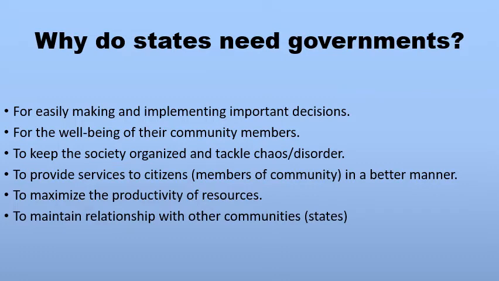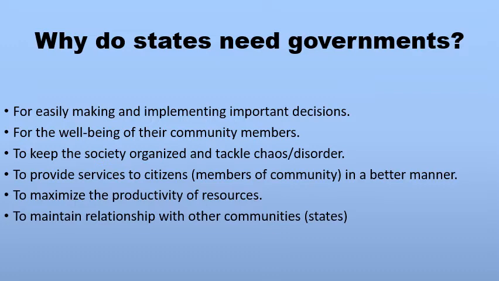Basically, the state has the responsibility to maintain law and order, and if everybody is given the freedom to do whatever he wants, there will be disorder and chaos. So the state has the responsibility to implement peace and order, and for this reason the government is given the power to address this issue.